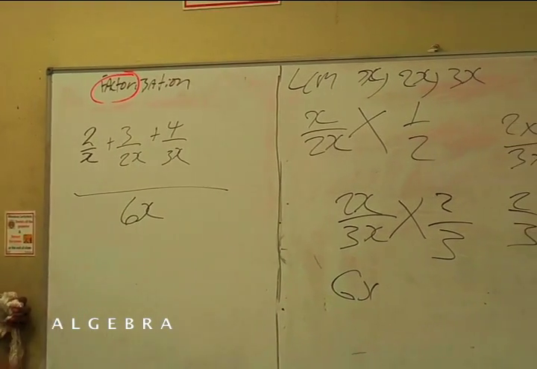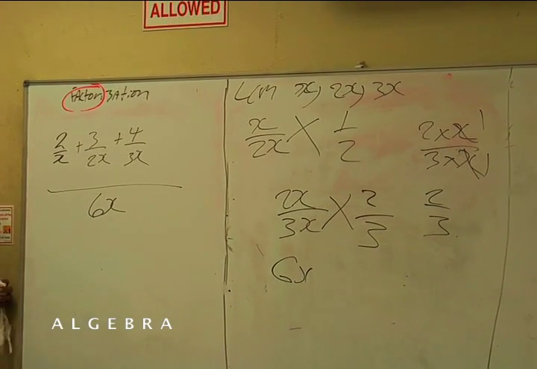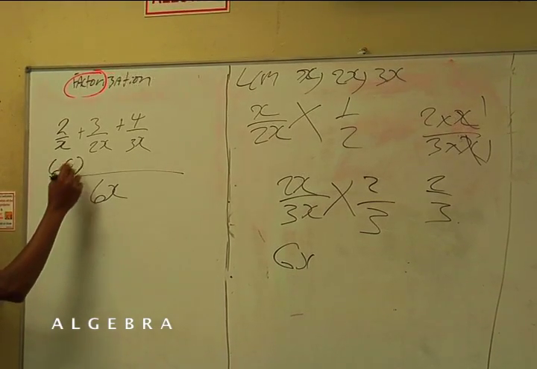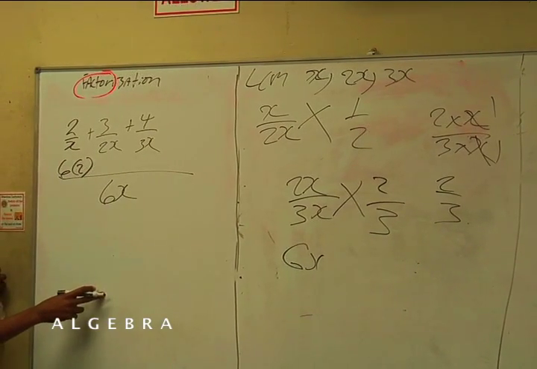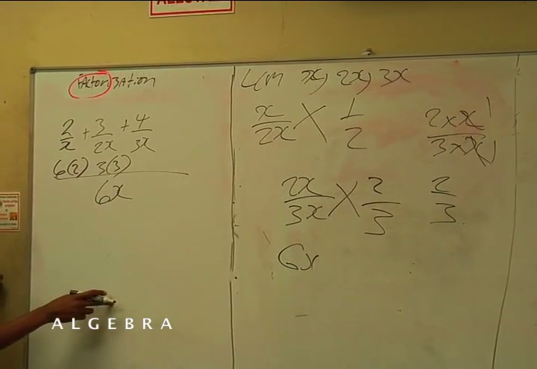X into 6x, 6x. Bracket 2. 2x into 6x. Bracket 3. 3x into 6x.